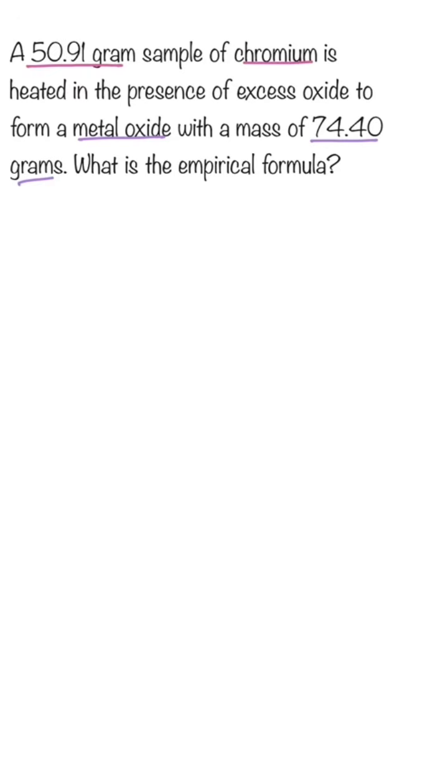So the first step we're going to take in solving this problem is to find how many grams of oxygen there is. Since we already know the amount of chromium and the total amount of metal oxide, it's going to be quite simple. We're just going to subtract the mass of chromium, 50.91 grams, from the mass of the metal oxide.